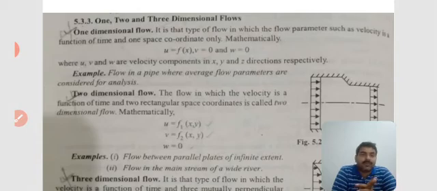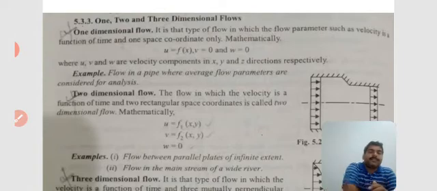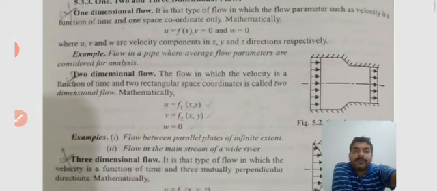Therefore v is equal to 0 and w is equal to 0 respectively. An example of this type of flow is the flow in a pipe, where average flow parameters are considered for analysis purposes.